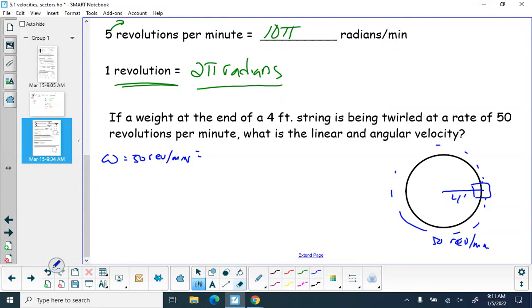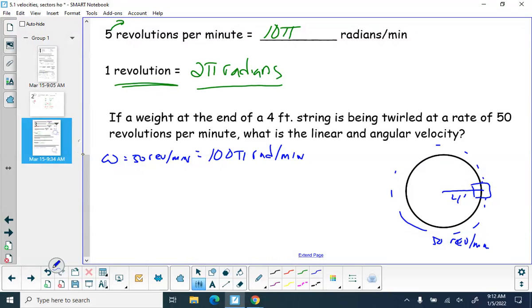But to put this in terms of pi and radians, which is more useful, how many radians per minute is this going to be? Austin? 100 pi? 100 pi radians per minute. That is your angular velocity.